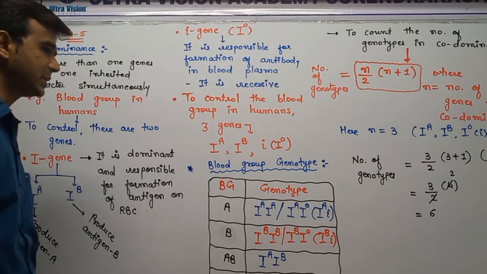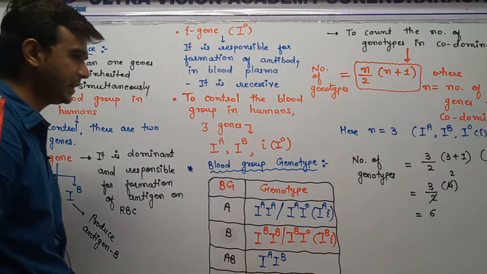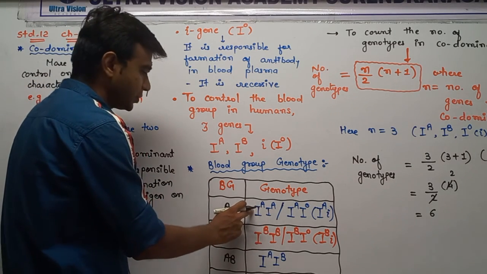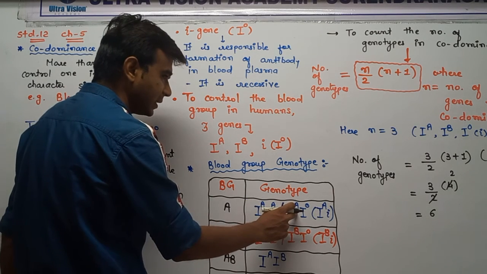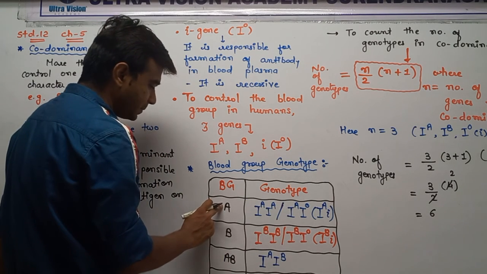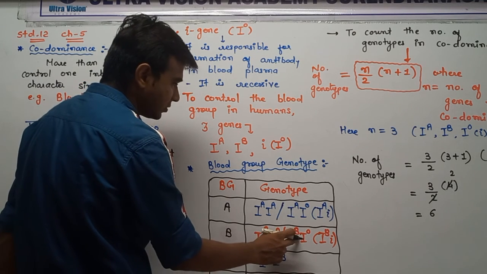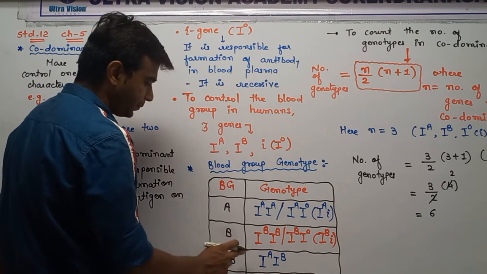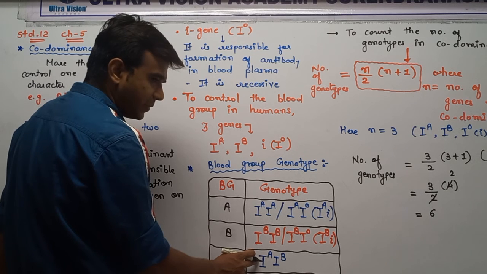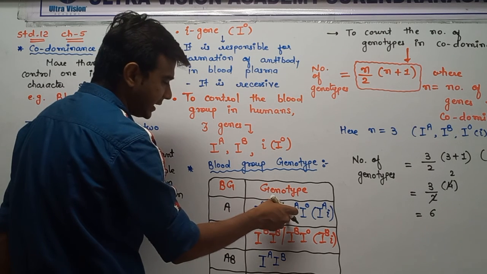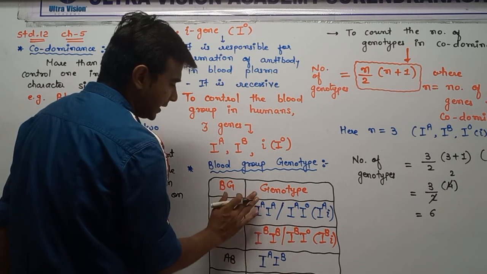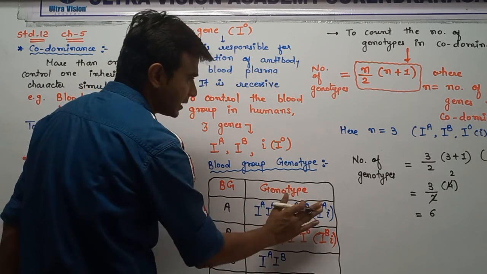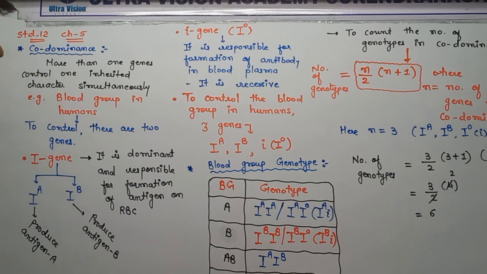Fine. So how are the 6 genotypes there? Two different genotypes, homozygous A and heterozygous A, are present in the A blood group; homozygous B and heterozygous B in the B blood group. AB has only one genotype. So two genotypes are in A, two in B, one in AB and one in O. In this way, 6 different genotypes are present here. Fine.